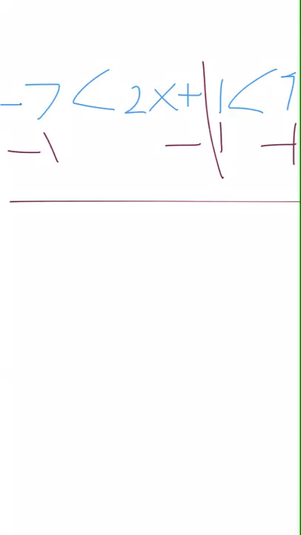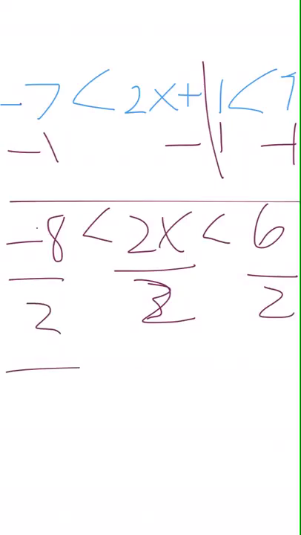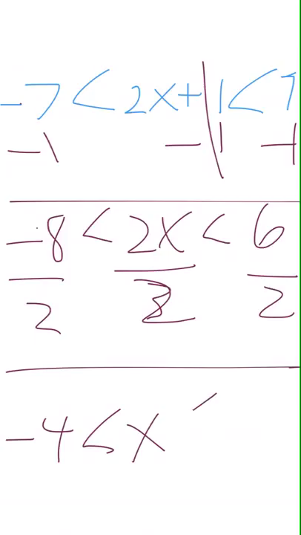So you have negative 7 minus 1, which is negative 8, is less than 2x, and 2x is less than 6. So divide by 2. You find that negative 4 is less than x, and x is less than 3. Before we get to graphing that, I just want to show you the other way you could have done it if you don't like it that way.